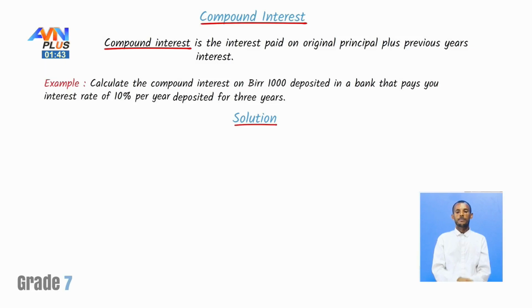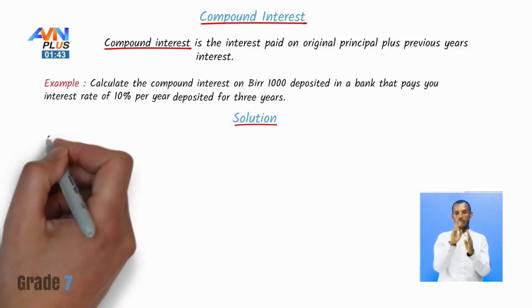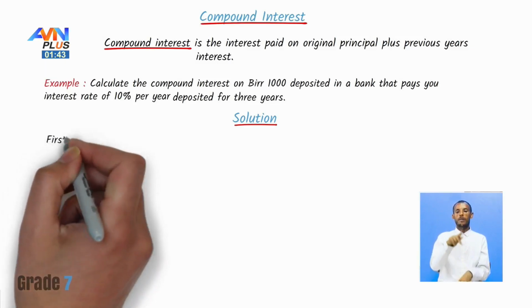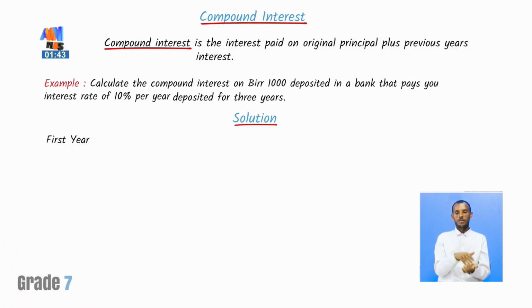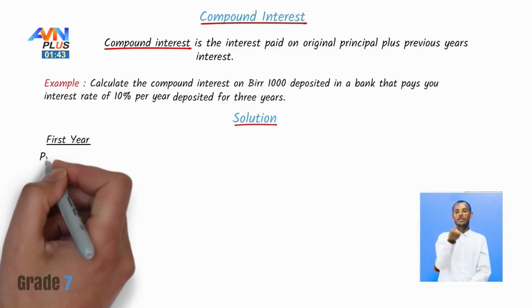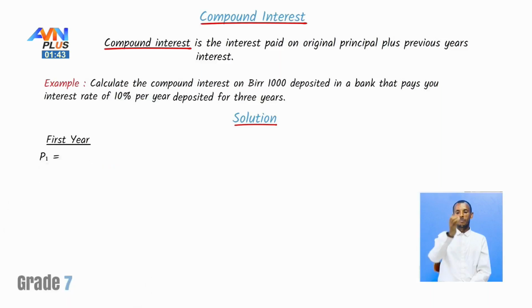The principal for the first year, P1, the money initially deposited, is 1,000. The interest rate is 10% per year.